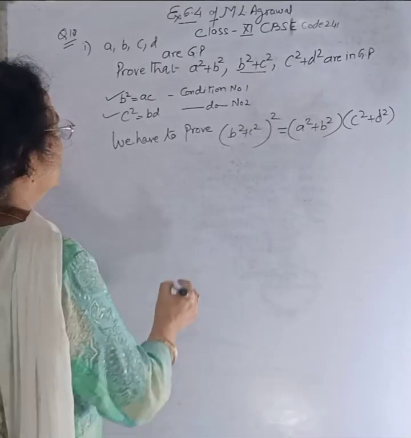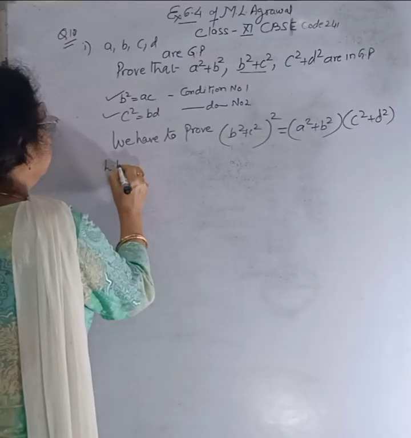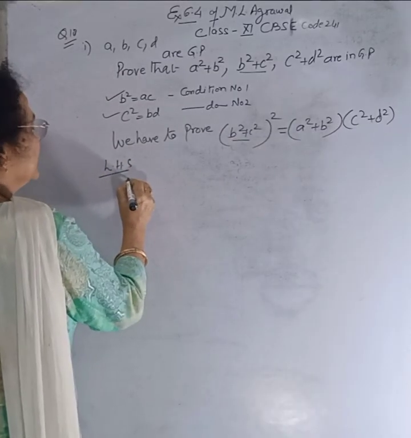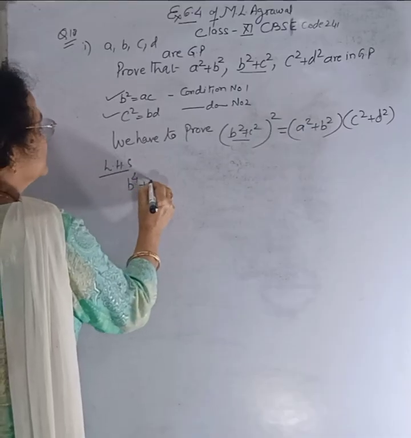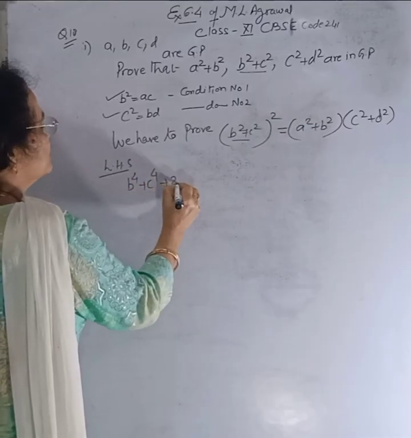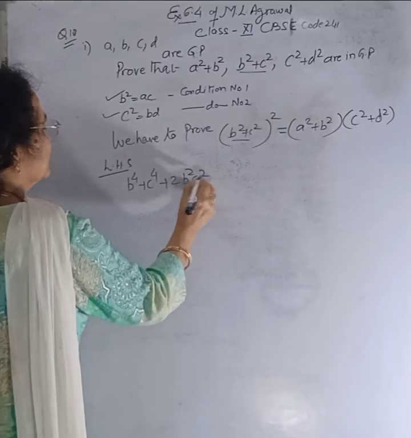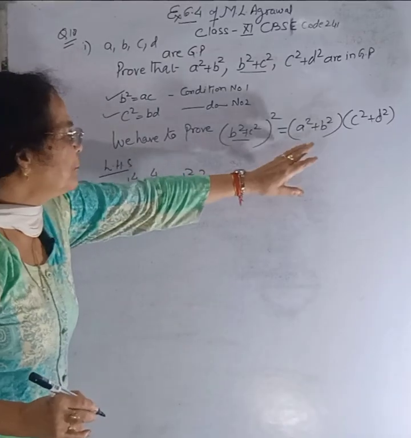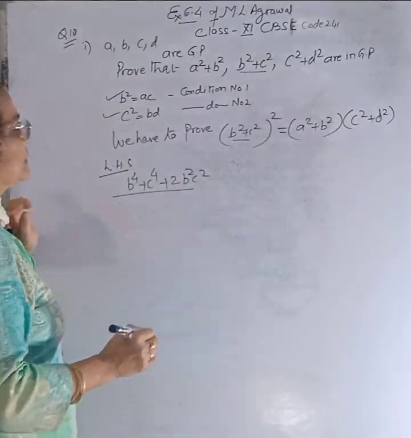Now, the left hand side can be written as B to the power 4 plus C to the power 4 plus 2 times B square C square. Okay? This is the left hand side. We have to bring the right hand side equal to this.